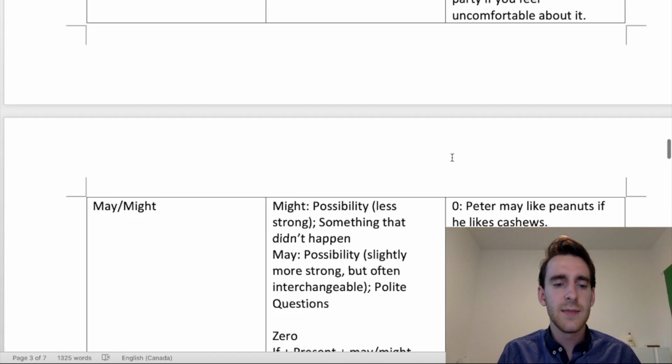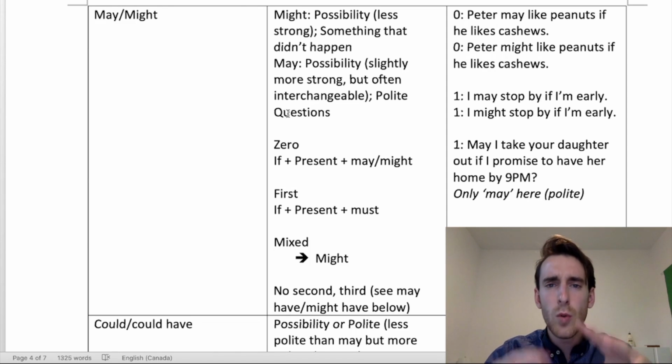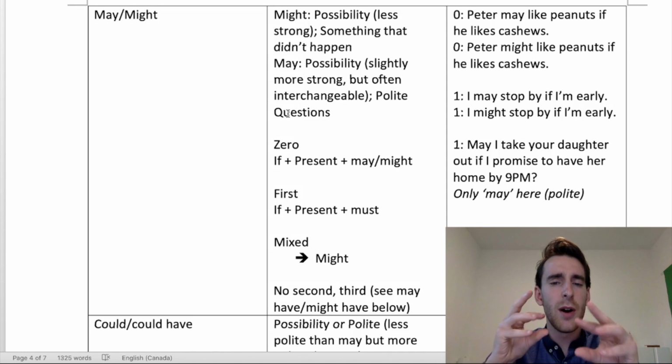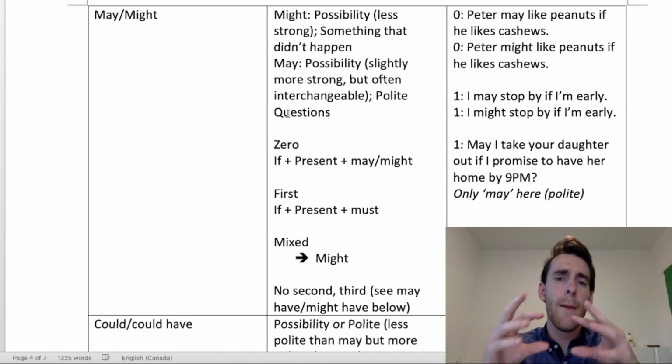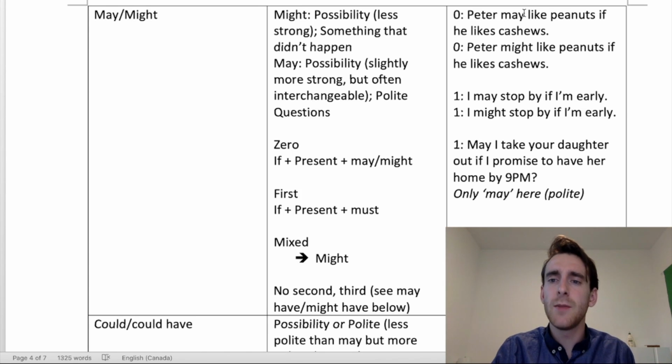Alrighty, let's move on to may and might. So may and might, students have some difficulty with this. Might is a bit less strong than may. With might and may, we're always in the realm of maybe, there's a possibility, but might is a little less strong. Let's look at an example here. Peter may like peanuts if he likes cashews, and Peter might like peanuts if he likes cashews.